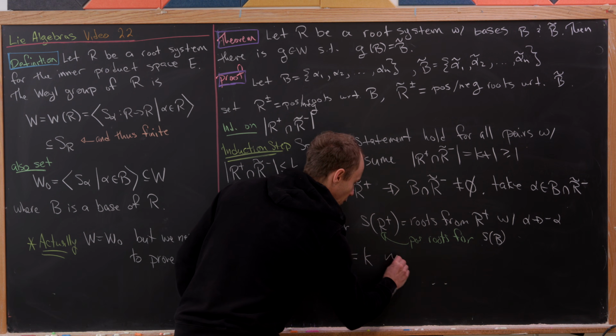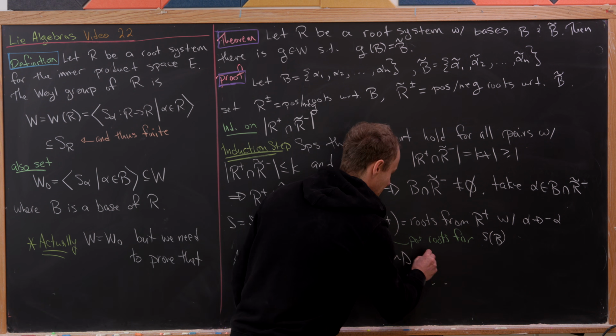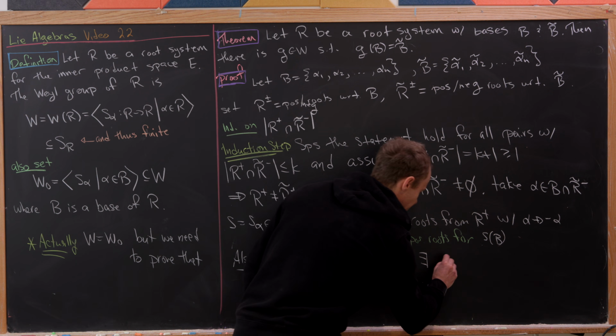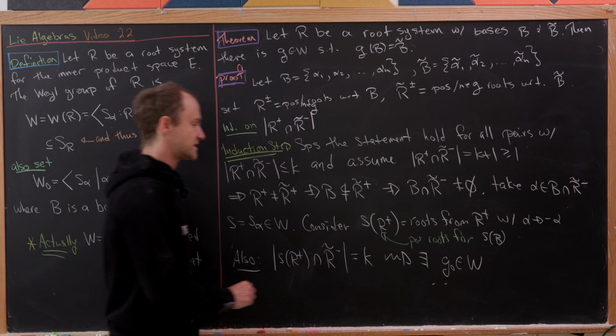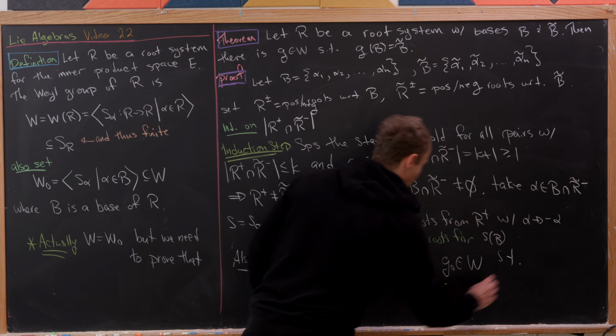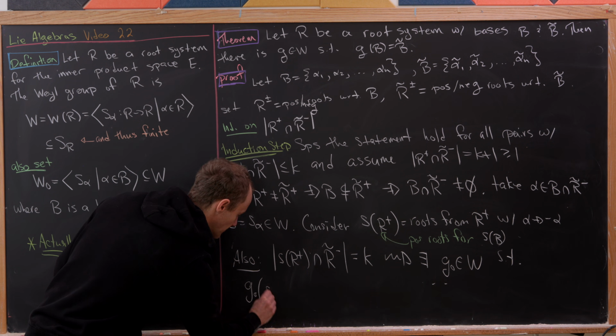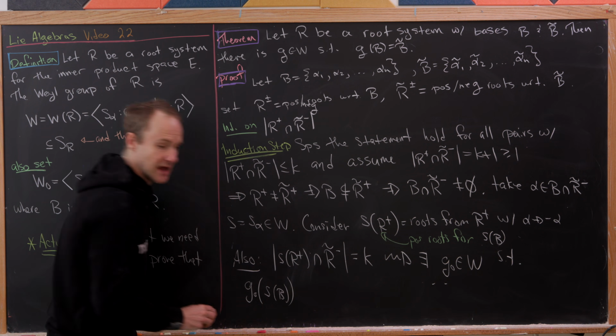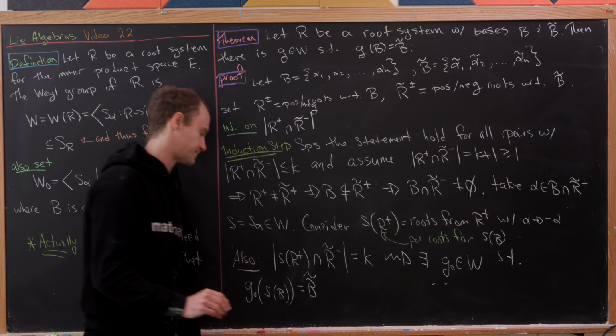Okay, and then we'll apply our induction hypothesis. So that means that there exists something that we'll call g naught, which is in this Weyl group, such that the following is true. g naught applied to S B is equal to B tilde.